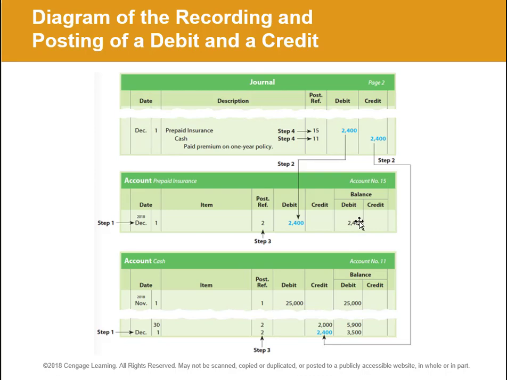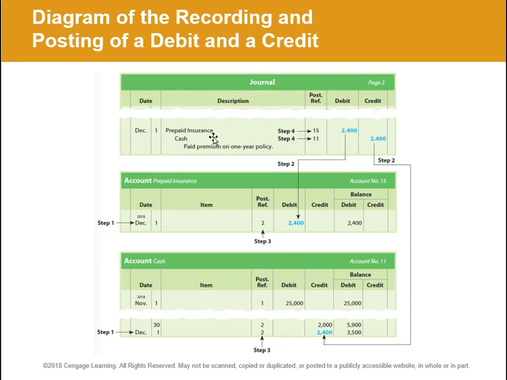What they're pointing out here, with all the details, is this entry on December 1st, which you can see in the account on December 1st. Here's the cash account. There's the entry from December 1st. We've got the $25,000 that was paid in on November 1st, but now that's updated by a $2,400 withdrawal. You can also see the posting reference is in here.